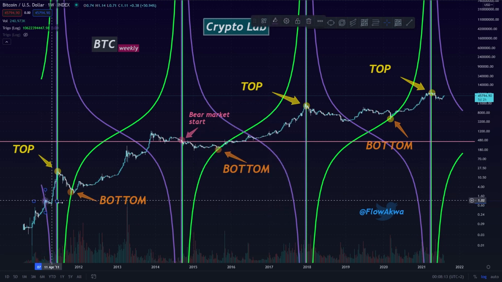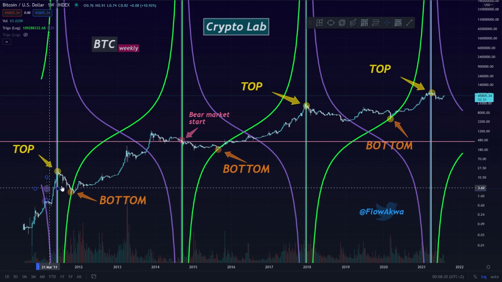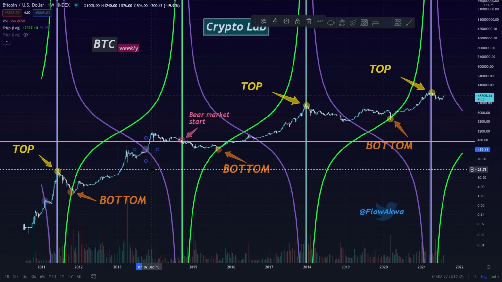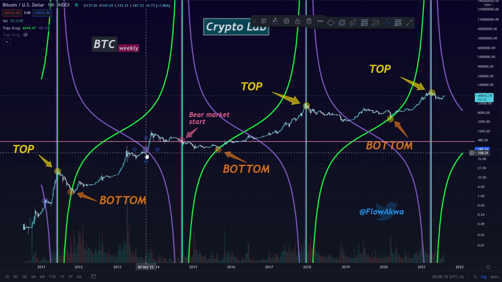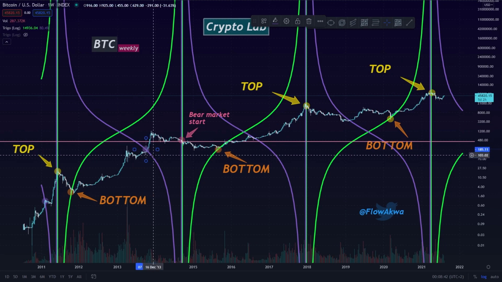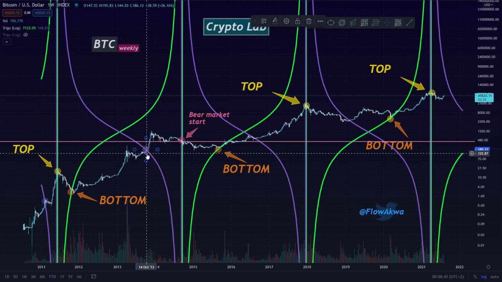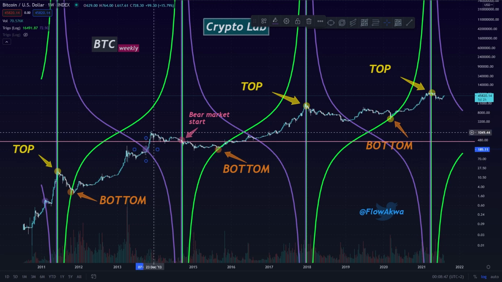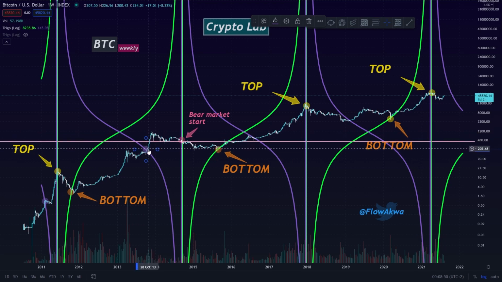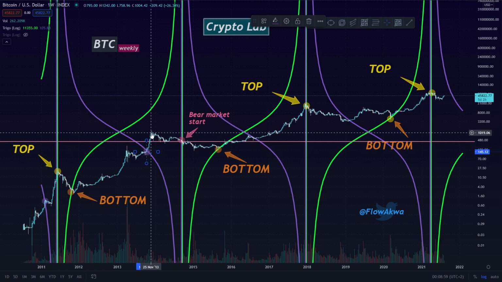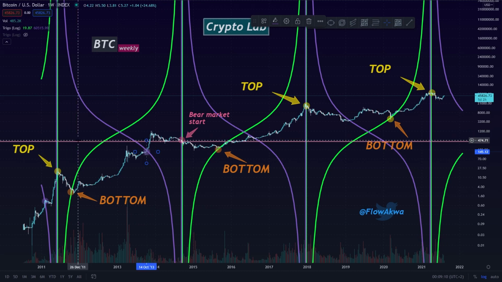Okay, so this was the very first time. Then we have another crossing point right here, and it's the same. Here you can see that after crossing the line, we went to a major top of Bitcoin. So this is a big event too, because imagine that you could buy right here, you would make a lot of money very quickly because we went straight up. Okay, so we have 1, 2.